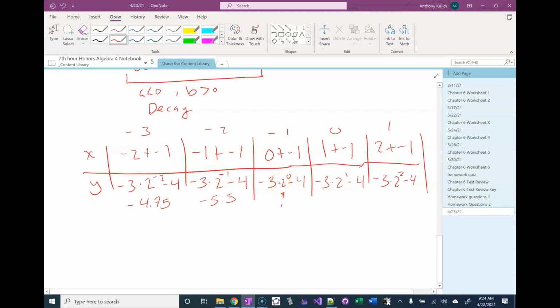Negative 3 times 1 is negative 3, minus 4 is negative 7. Negative 3 times 2 is negative 6, minus 4 is negative 10. And negative 3 times 2 squared is negative 3 times 4, which is negative 12, minus 4 is negative 16.